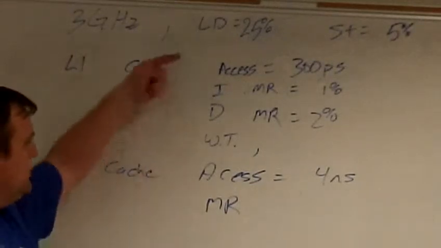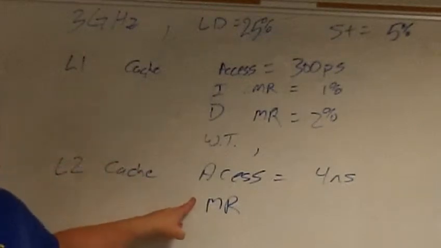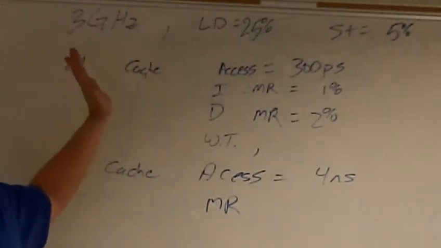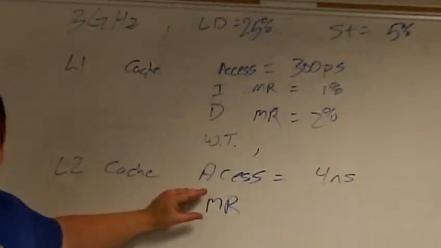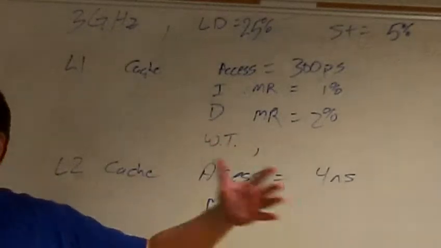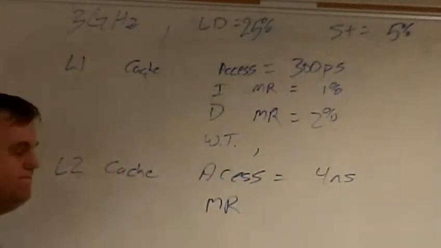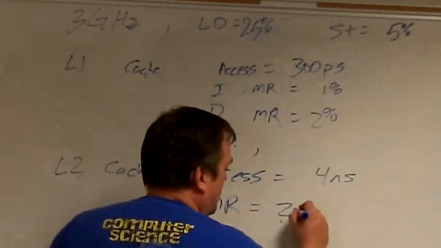Part of the reason is that since this is a write through, whatever size this cache is gets copied right out of here. They're duplicated, so this one can dump its stuff real quick and doesn't have to worry about it. So I can only use a portion of it. Also, the further away you are, the less likely something gets hit anyway. So we'll say in this case, miss rate 25%.